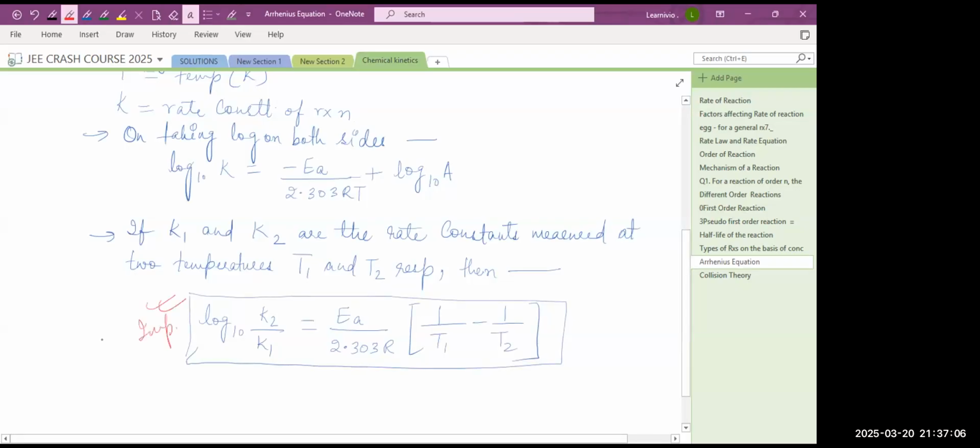We will use it in numericals for solving activation energy, or they can ask you to solve for rate constant, or sometimes they ask for temperature also.